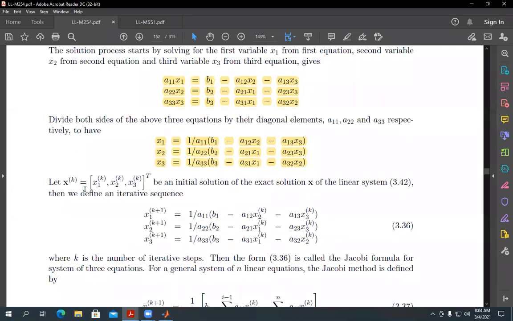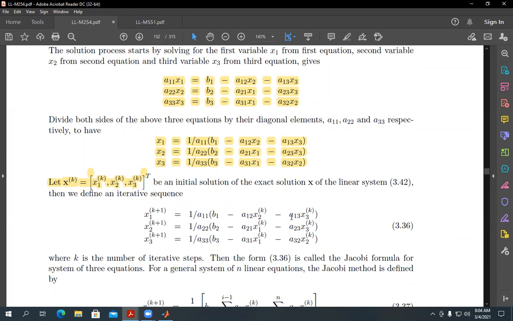Then we need the initial approximation. We always need the initial approximation for an iterative method, and it must always be given. Use this initial approximation on the right hand side. This is the initial approximation for x1, x2, and x3.